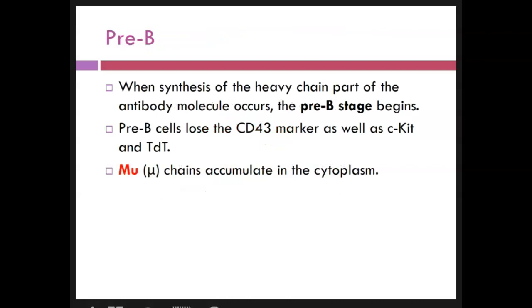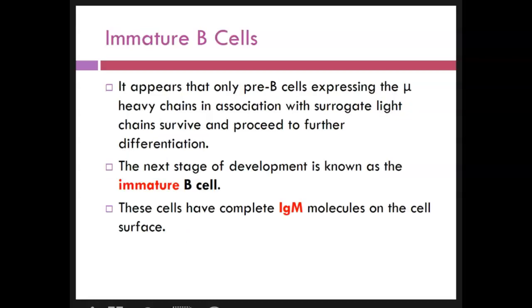Okay, so the pre-B cell is where we start to see heavy chains made and the mu chains accumulate in the cytoplasm first. And at this point, pre-B cells are the only ones that express the mu heavy chains. The next stage is known as immature B cells, and these have complete IgM molecules on the cell surface.